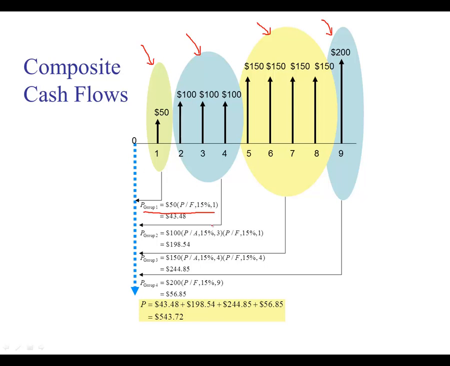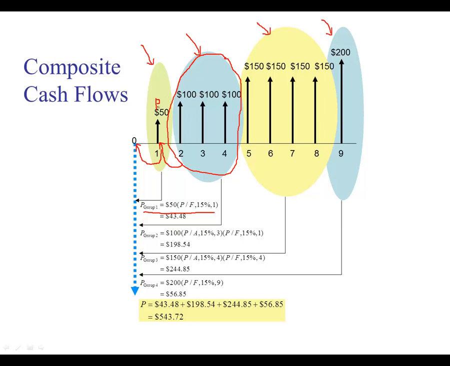So that will be for the first group, or the first payment that was brought back to year zero, or to time zero. For the second group, remember that we are going to bring the whole group, we are going to calculate that and bring it back to year one. And from year one, we have to bring it back to time zero. That's why I will calculate using the annuity formula, finding the present value, and that will be P for group number 2.